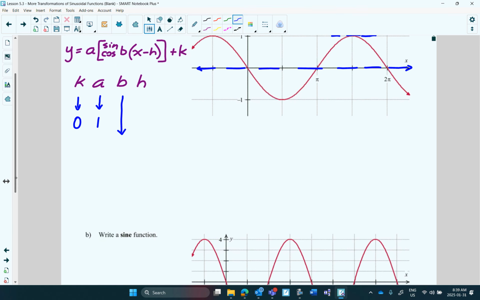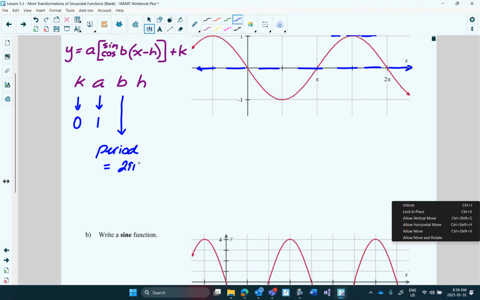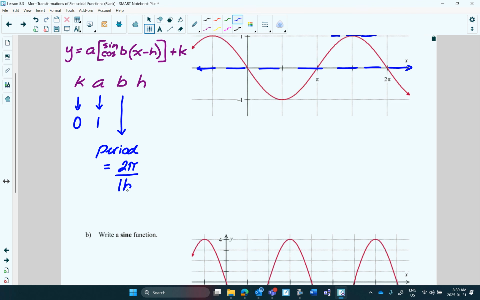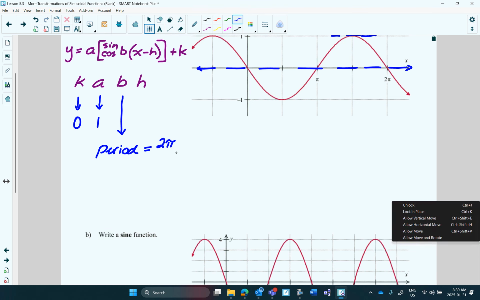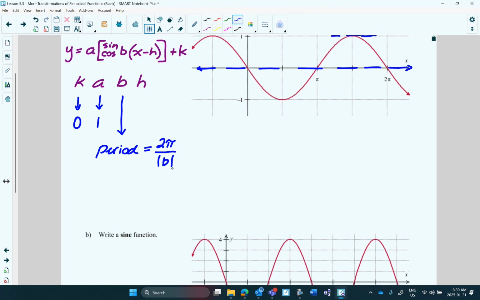We know that the period equals 2 pi over B. Well, how would I find B?